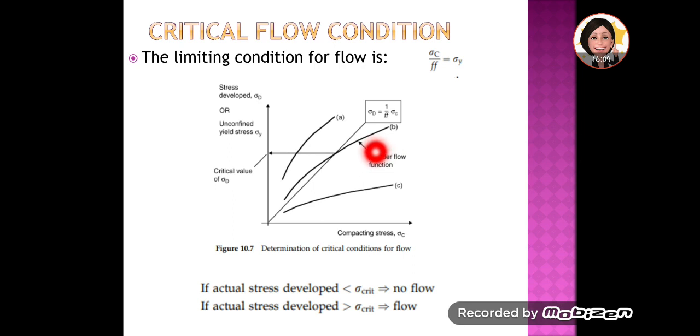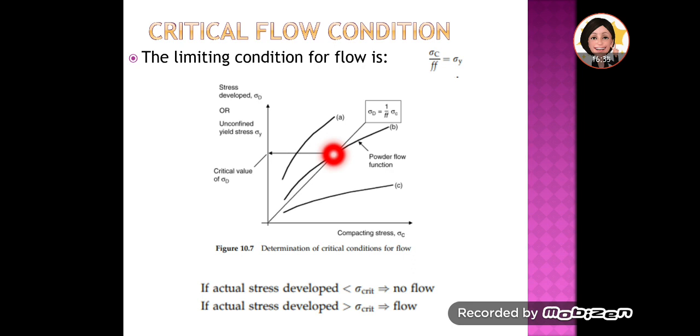Okay, powder B has a critical condition, this point, because it coincides with the limiting condition of flow when it's equal. So at this point, the unconfined yield stress is equal to the stress developed in the powder.